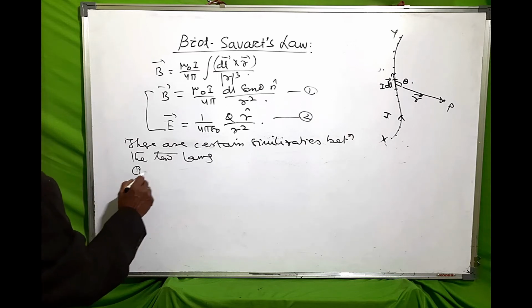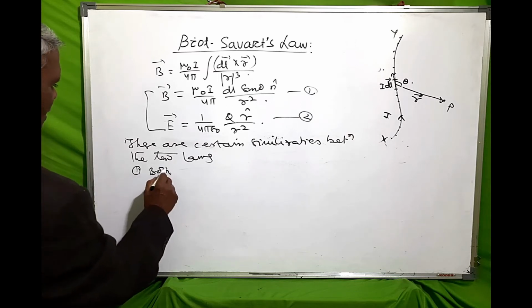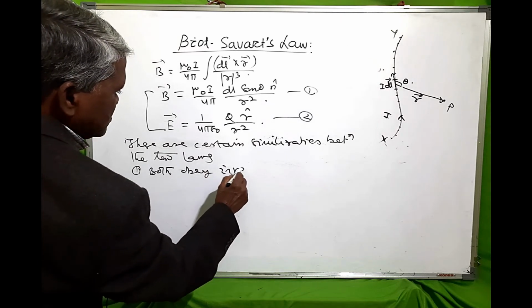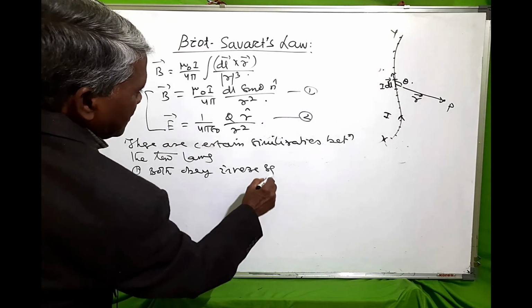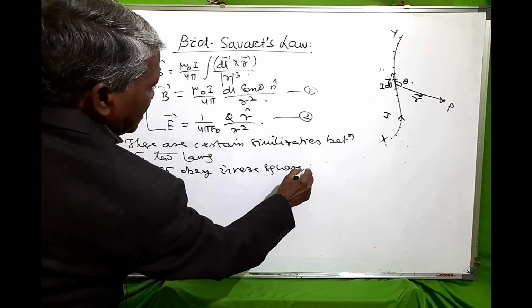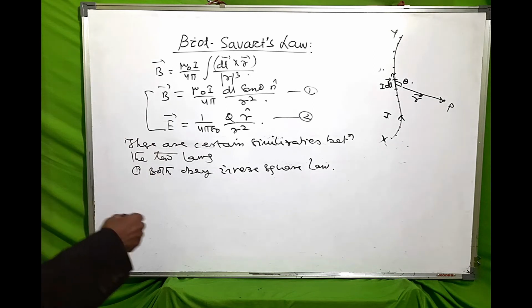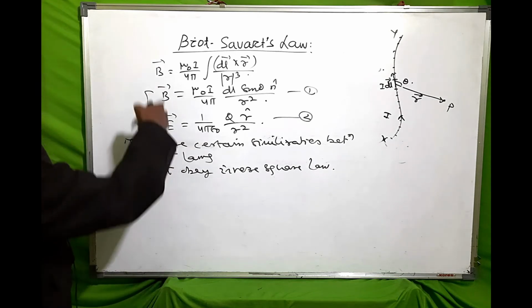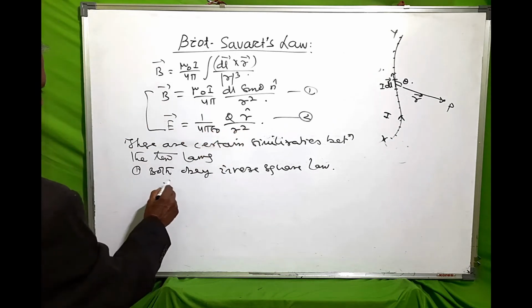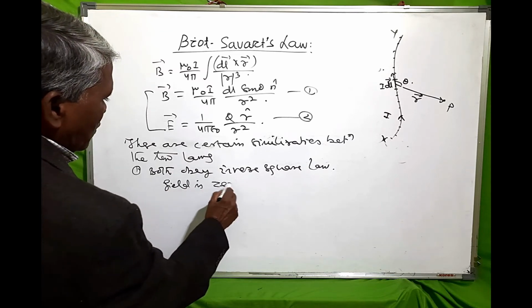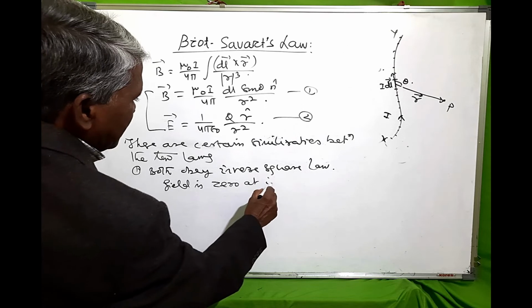Number one, both obey inverse square law. That is, field is infinity at zero distance, and field is 0 at infinity.